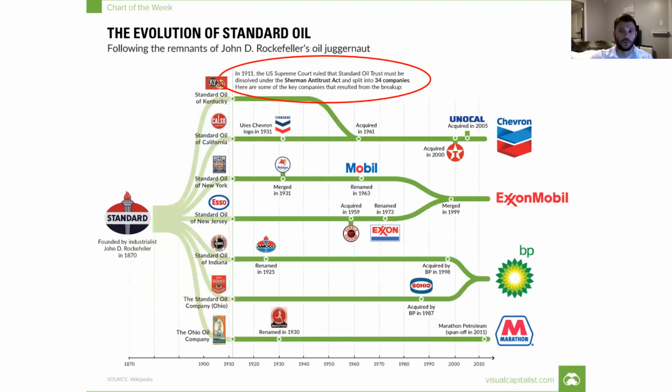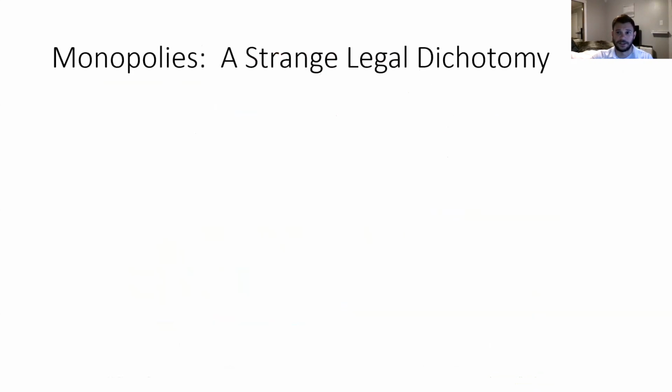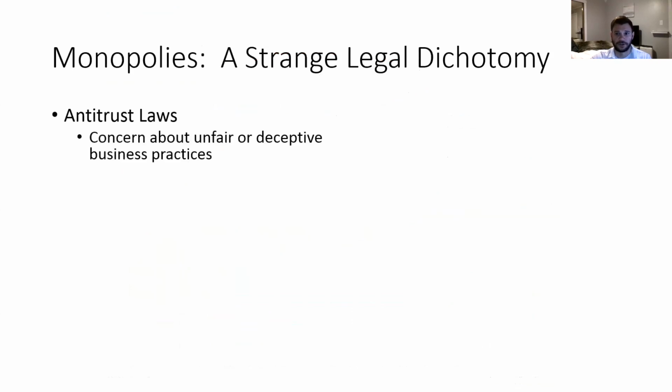I wanted to leave you with one idea here, and that idea is there's a strange legal dichotomy underpinning how government treats monopolies. One flip side of the coin is we have antitrust laws, which exhibit government concern for things like unfair or deceptive business practices, leveling the playing field in the situation where they're restricting certain forms of price discrimination.